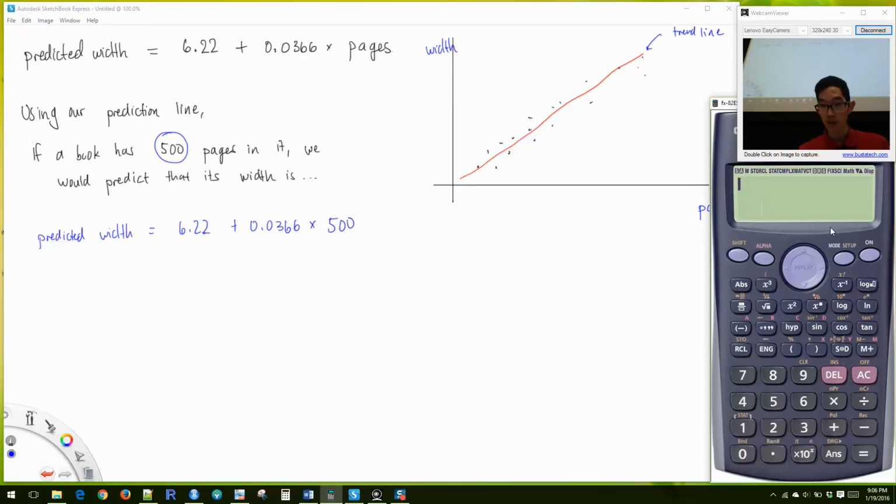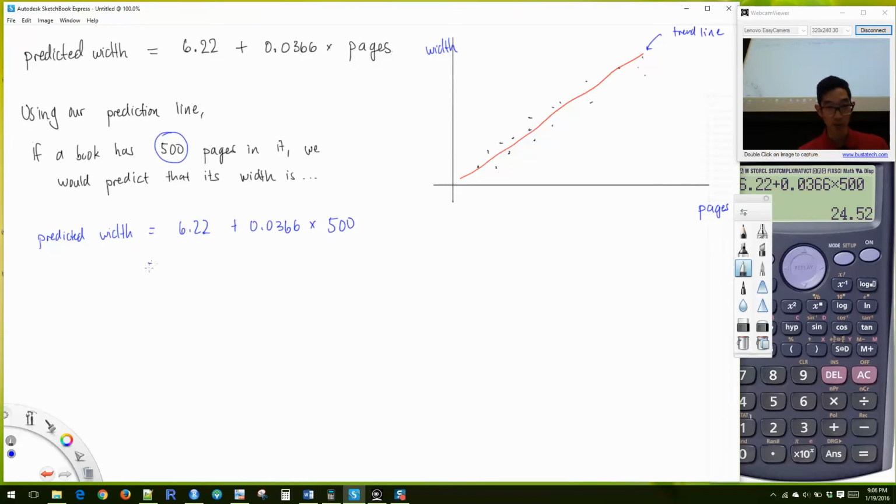All right, and so over here, I can just type this in, 6.22 plus 0.0366 times 500, and it says 24.52. So this is my predicted width.